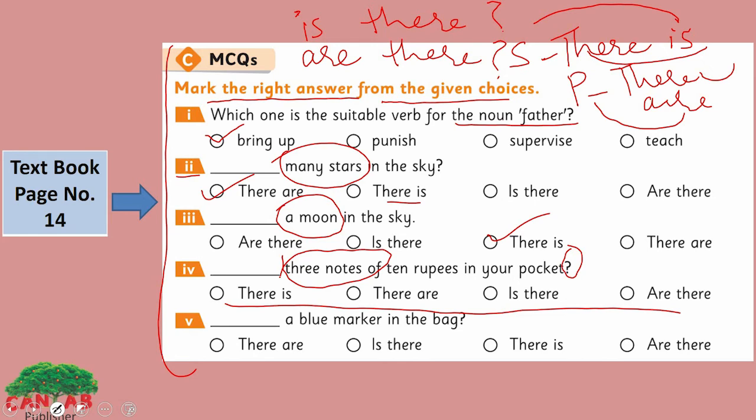So we will ask like this. Are there? Yes, this is the right option here. Look at the 5th one. A blue marker in the bag. Here the item is one, a blue marker. It's asking about one item here. So, we will ask like this. Is there? Yes, this is the right option.